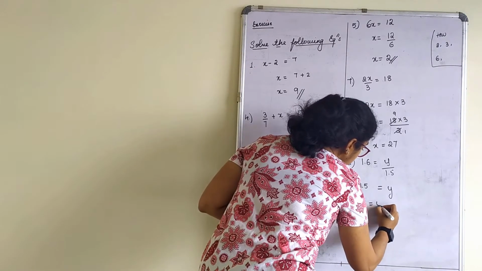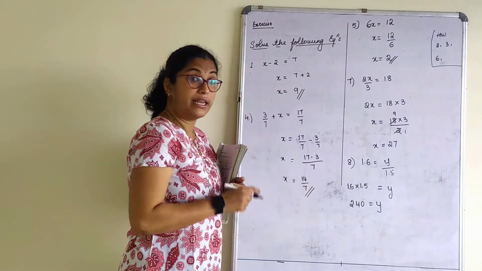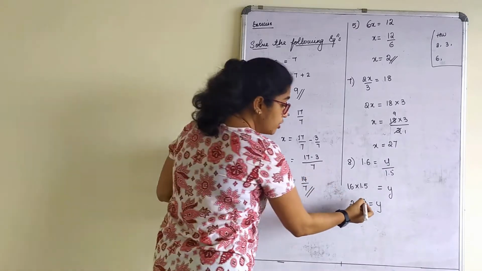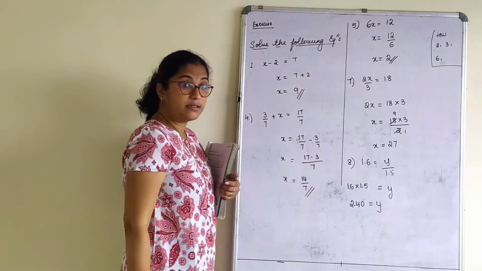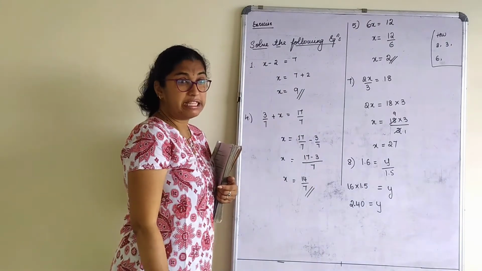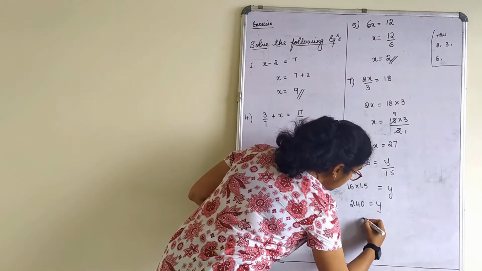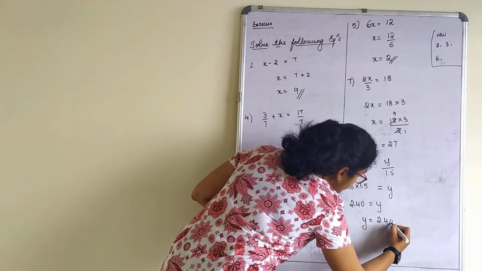There is a decimal after 1, and a decimal after 1. So the decimal for the final answer will be after 2 digits. So 1, 2. Decimal will come here. 2.40, 0 anyways. So I will write now y is equal to 2.4.